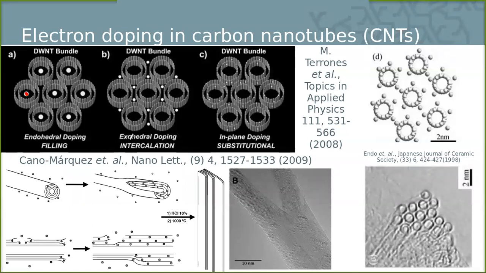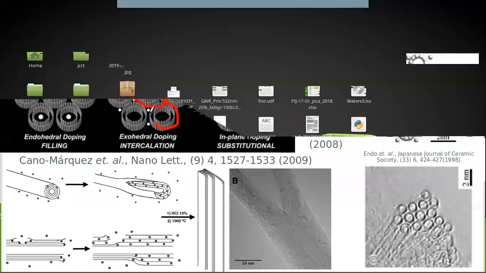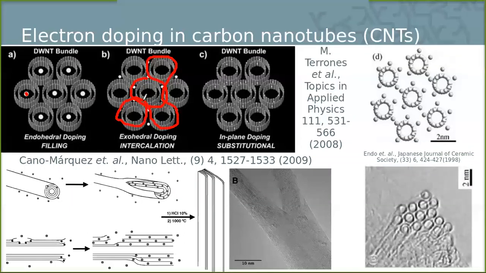We can also have exohedral doping, where the alkali metal, or the metal in general, that donates electrons to the carbon nanotubes stays around the carbon nanotubes, creating a superstructure that altogether behaves as a single big compound.